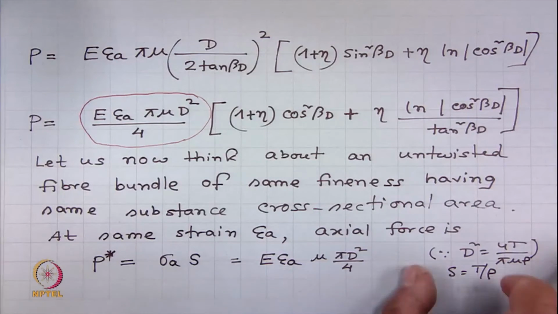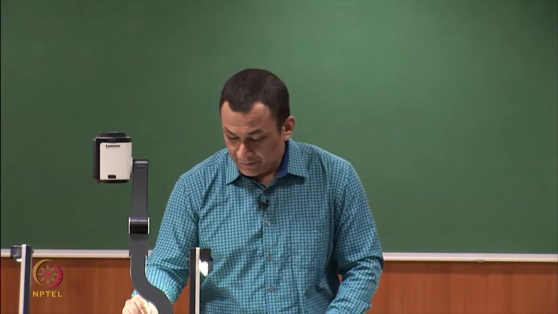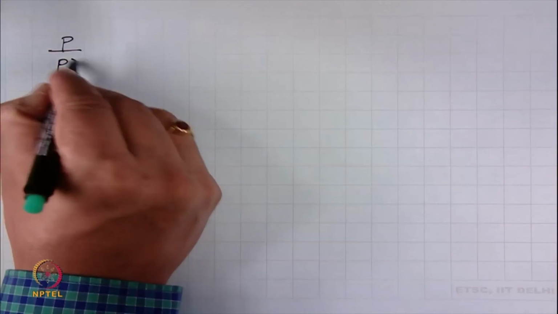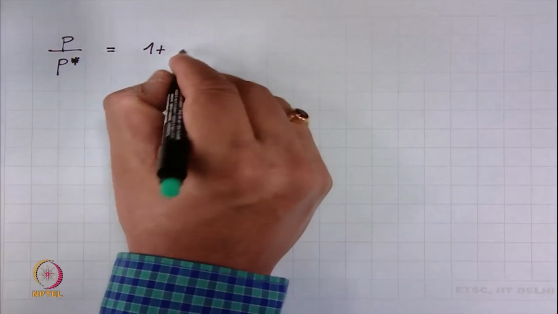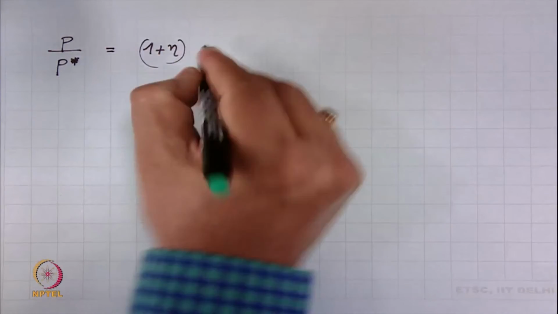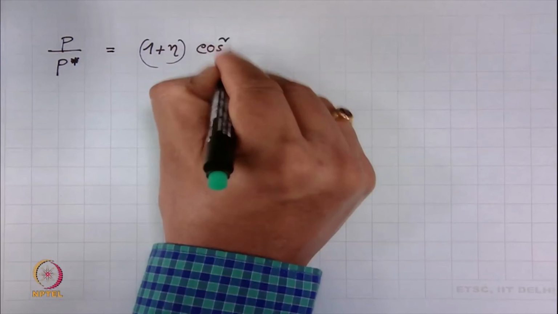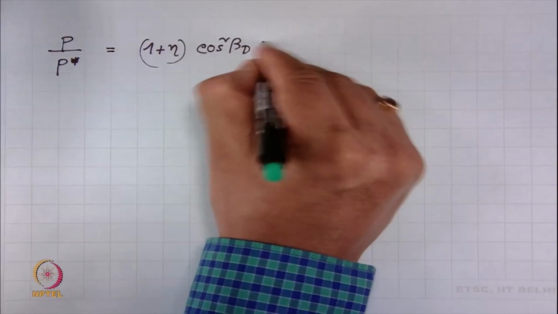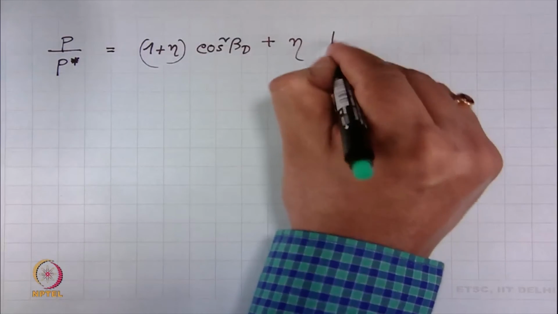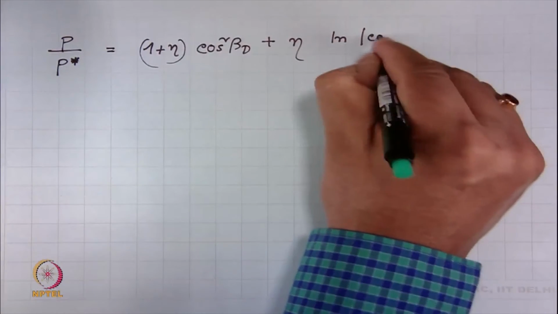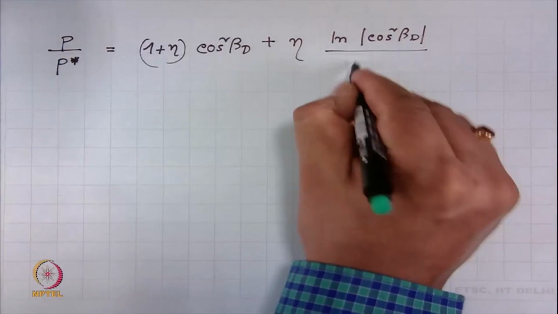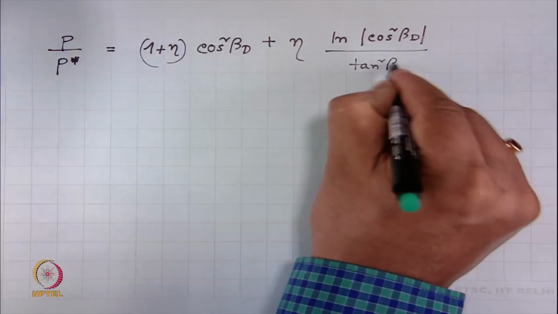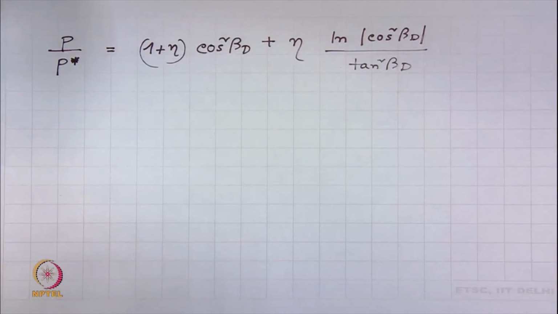So, if we write now P by P star, this will be equal to 1 plus eta sin square beta d plus eta ln cos square beta d by tan square beta d cos square beta d.